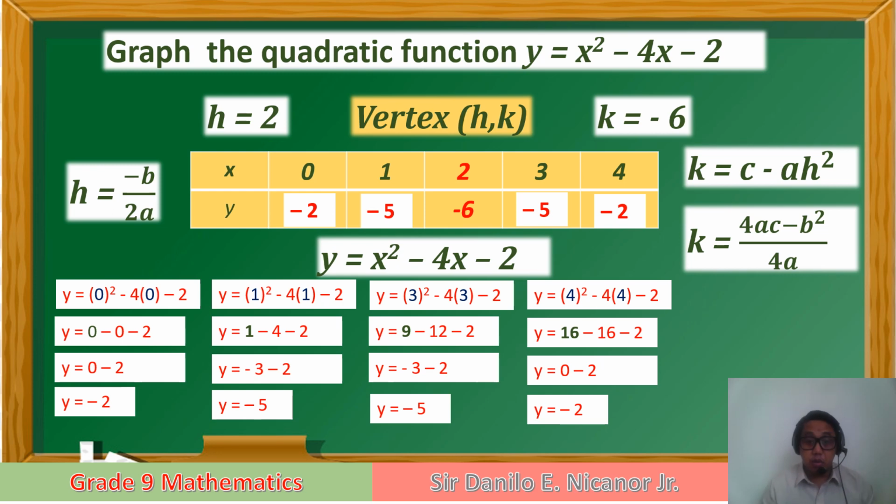Now, I want you to observe the ordered pairs from the center. And I hope, guys, na-observe nyo na, same sila. Same itong negative 5 tsaka negative 2. Because we know that a parabola is symmetrical, half of it is symmetrical to the other half.